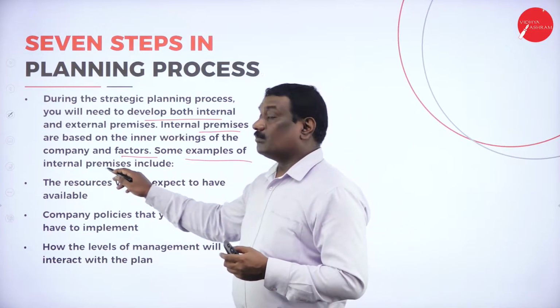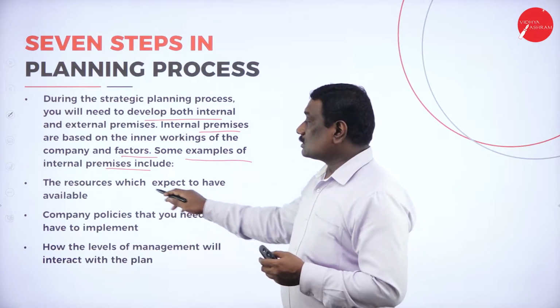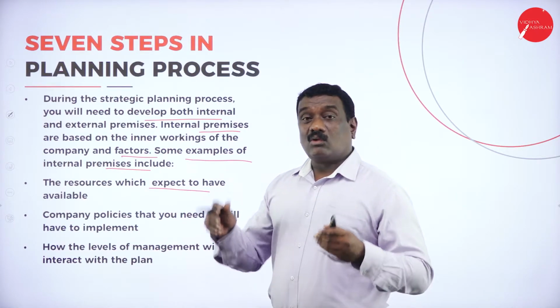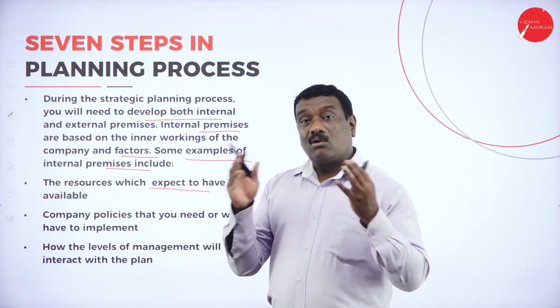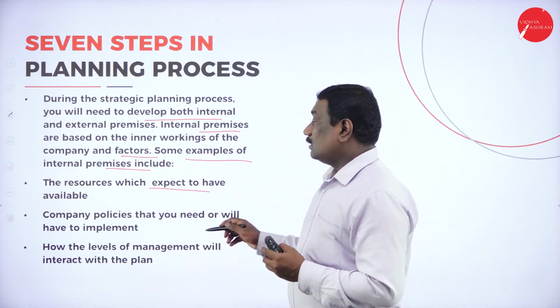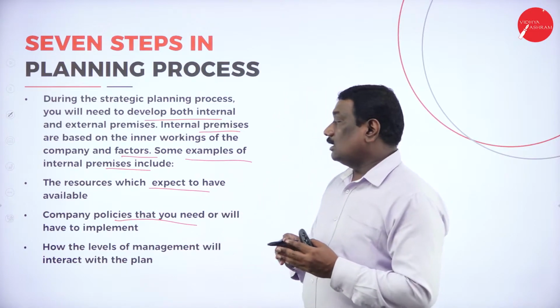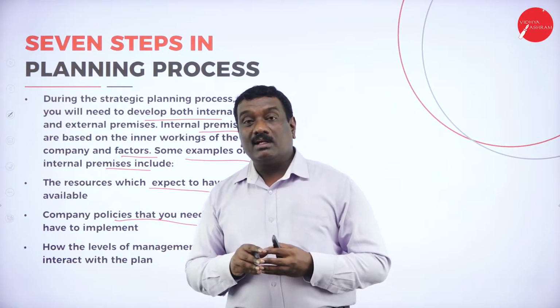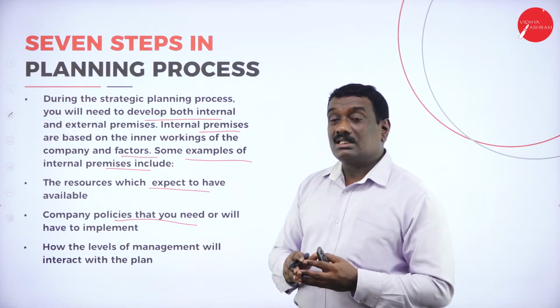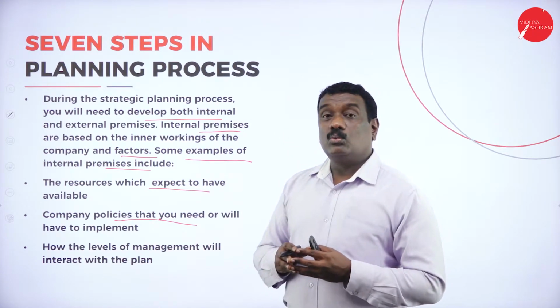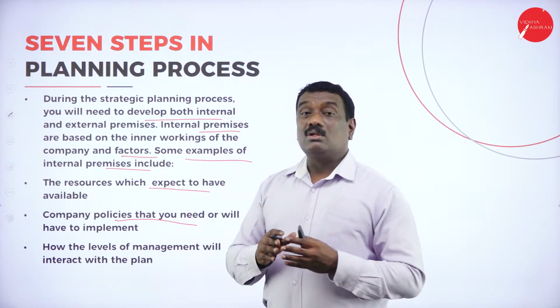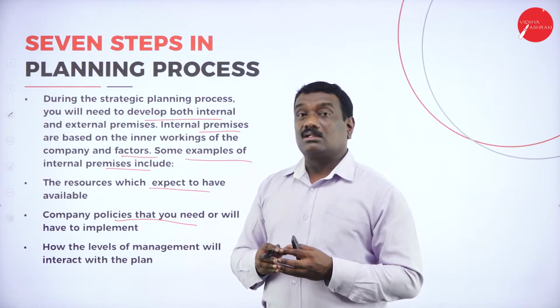Some examples of internal premises we can give here are the resources which experts have available. So whatever resources we have internally, whether you are going to have all those resources or not, right? Then the company's policy that you need or will have to implement. So what are the company's policies, and whether you need to have or implement that particular policy or not, right?